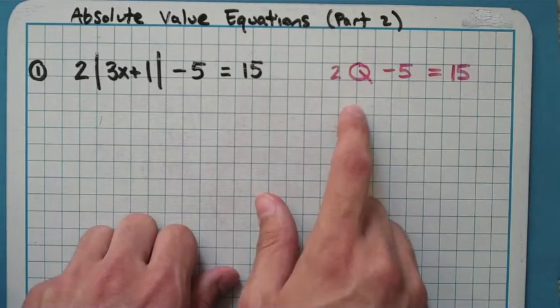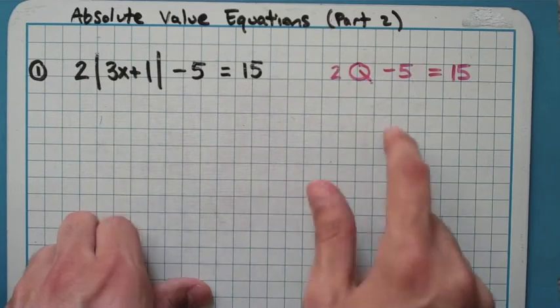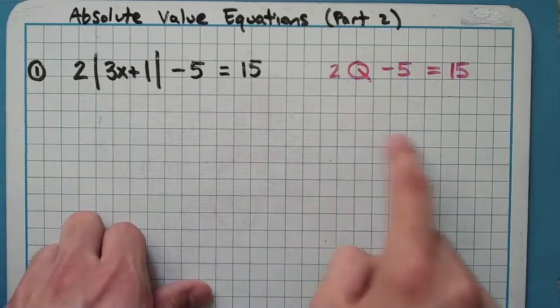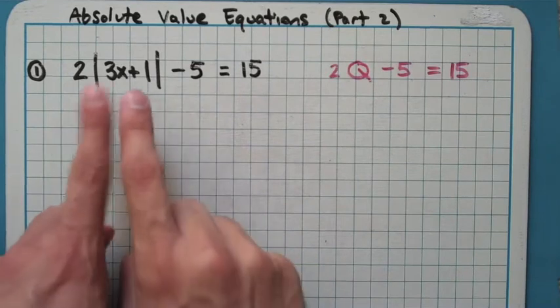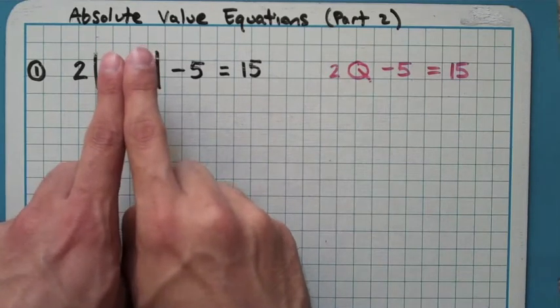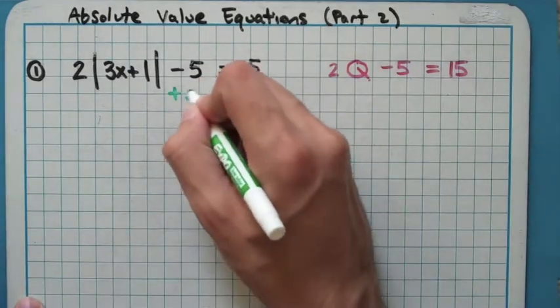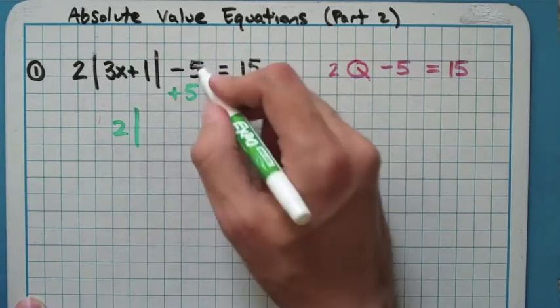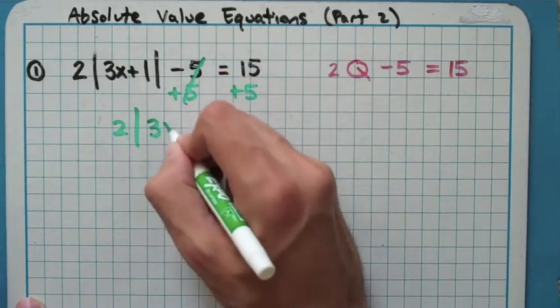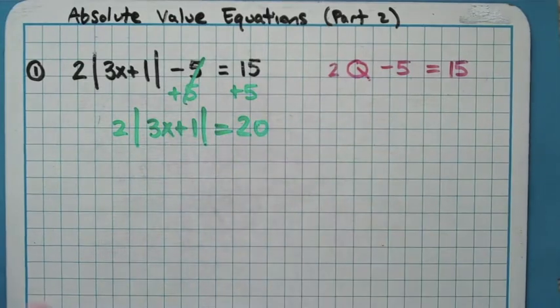So, if we want to get this Q by itself, same thing as the absolute value, this is a problem you guys would be able to do almost in your sleep by now. You would add the 5, you'd divide by 2. That's exactly what's going to happen over here. Treat this absolute value like a giant variable, and just get it by itself. So I'm going to add 5 to both sides of my equation. When I do that, these are going to cancel. I'll get 2 times my absolute value equals 20.